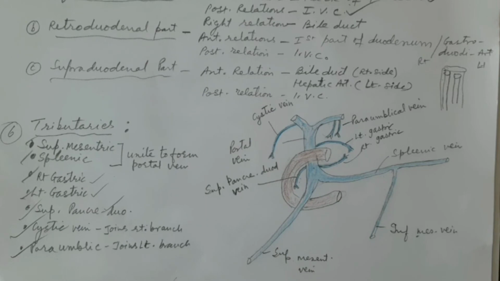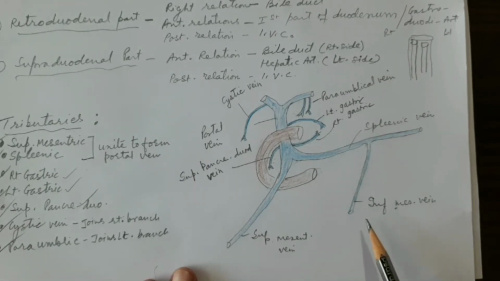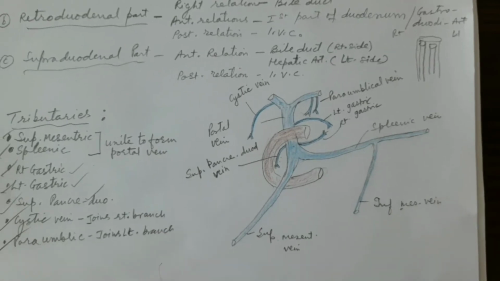There is a communication between the superior rectal vein, which is a tributary of the inferior mesenteric vein, and the middle and inferior rectal veins, which open into the inferior vena cava. So this communication will also open, at the lower end of the rectum and anal canal. This dilatation of the veins is called piles.